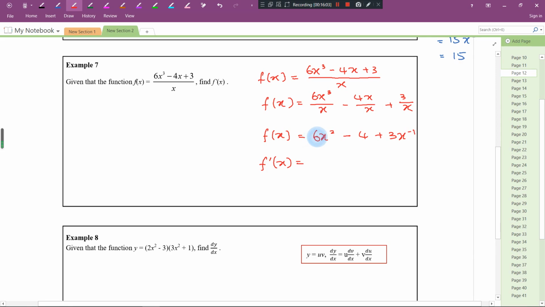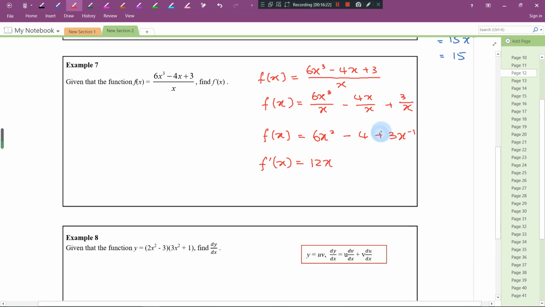Bring down the power, times with the 6, you will get 12. x copy, 2 minus 1, you get 1. You don't have to write 1 here. And if you have just a number, you differentiate it, you get 0, right? How about this one? When you have a negative power, you have to be more careful.